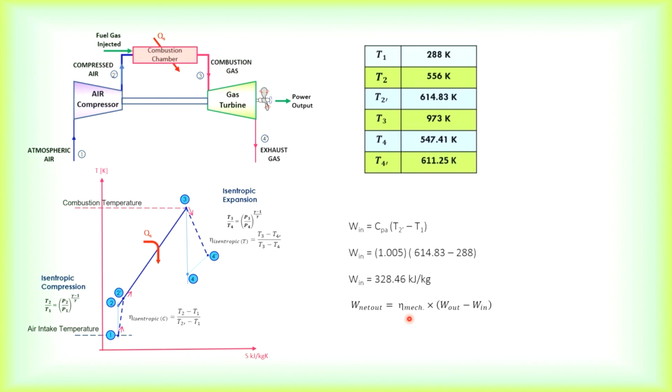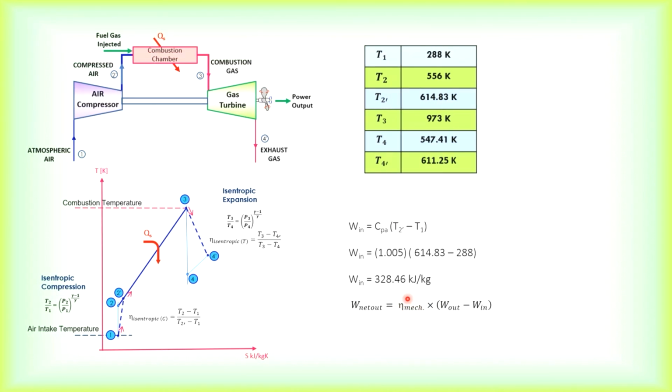If the power transmission loss due to friction is, let's say, 4%, then your mechanical efficiency will be 96%. So you will have to take your net work multiplied by a mechanical efficiency of 0.96 or 0.98 or whatsoever.